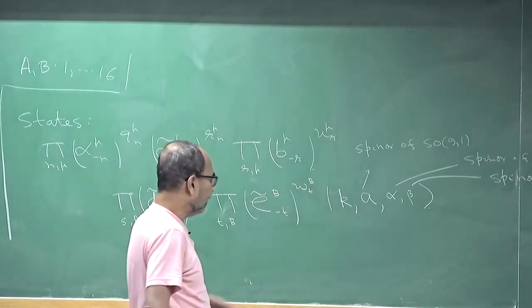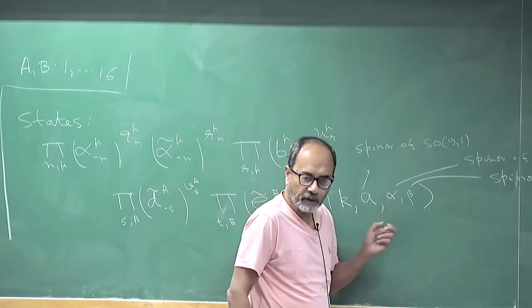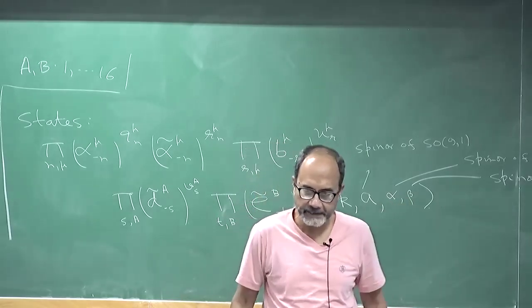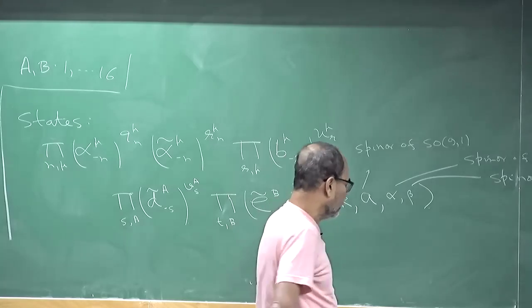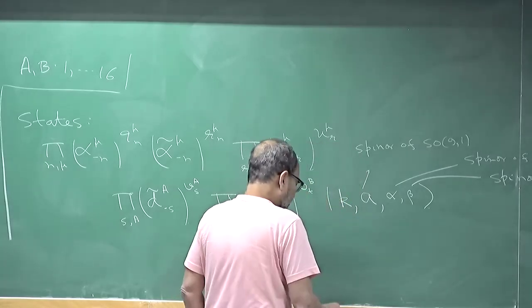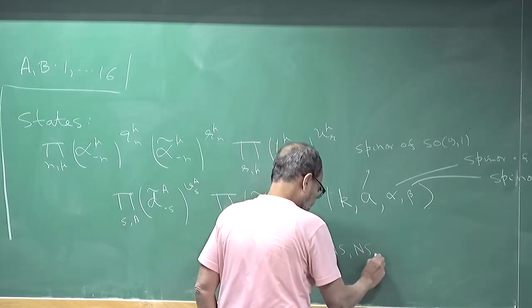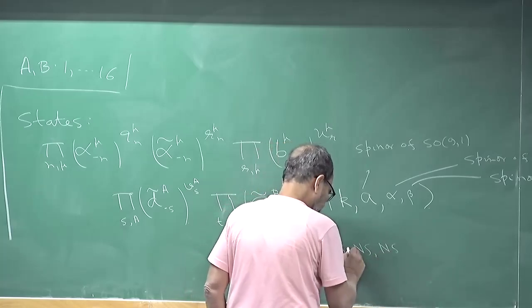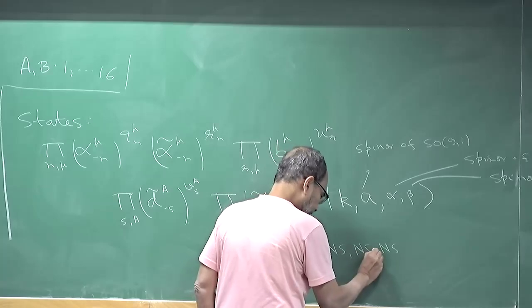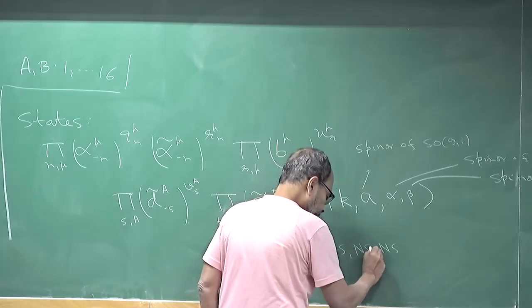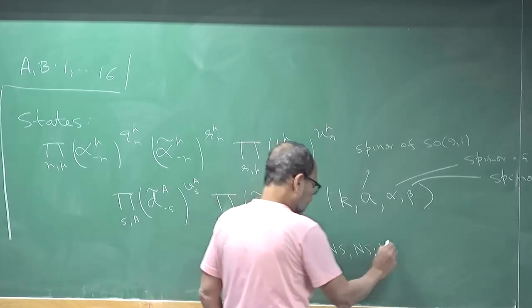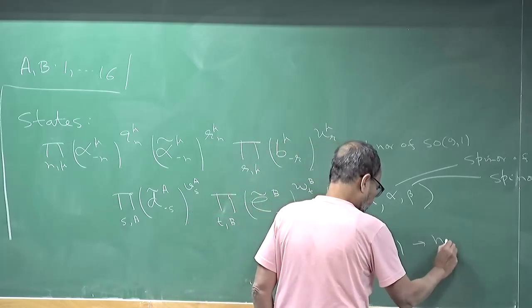Okay. So whether these indices are there or not depends on which sector you are considering. For example, if we consider NS, NS, NS, the right goes on the right. This has no spinor index.